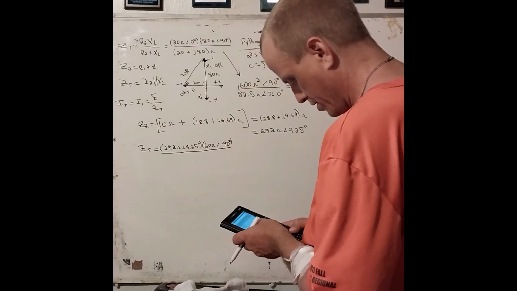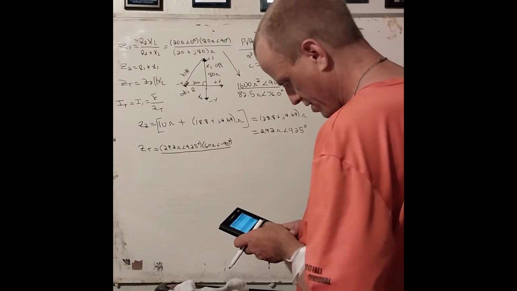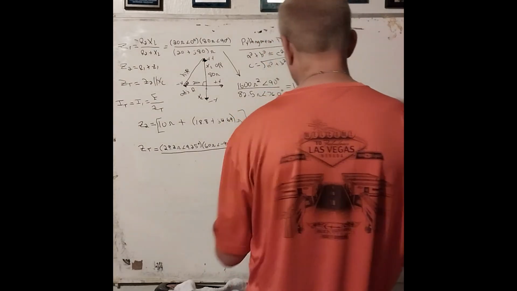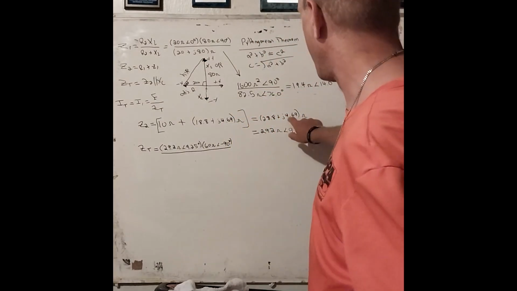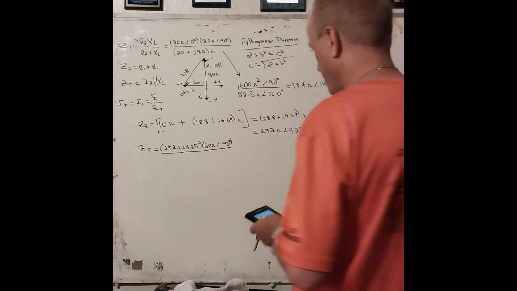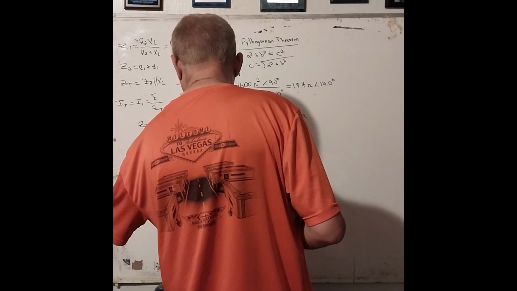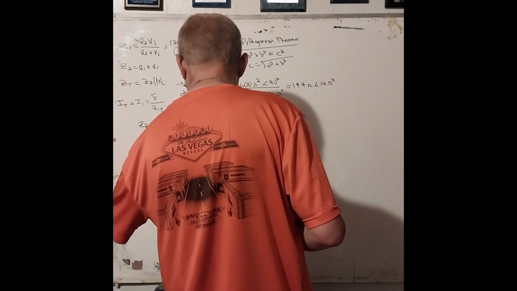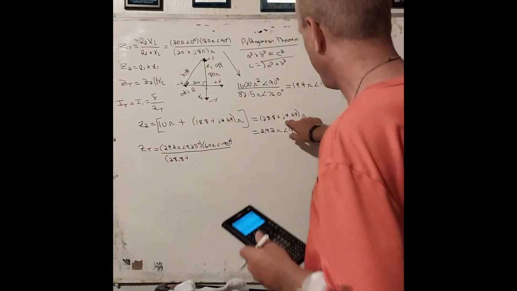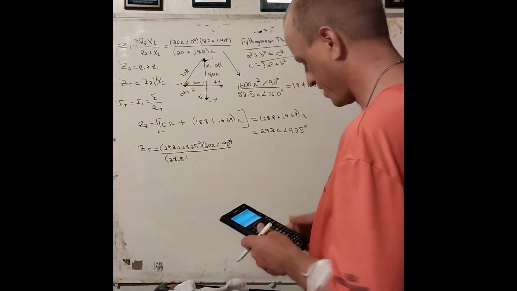So 29.2 times the cosine of 9.25 is 28.8. We already know what that is. So we can just add this to the capacitive value. The capacitive value becomes, oh, not 64, it's negative 60 plus 4.69.